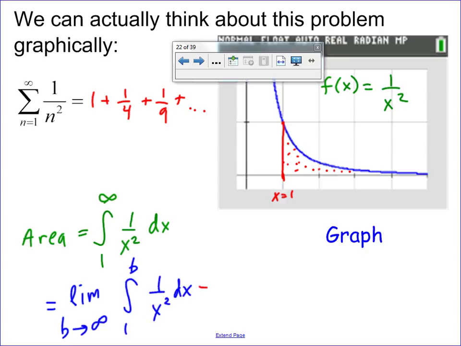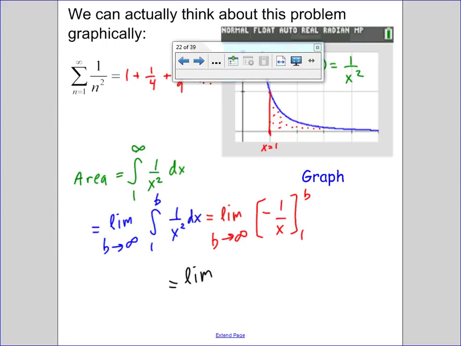And that equals the limit as b goes to infinity of an antiderivative for 1 over x squared. Any antiderivative. How about negative 1 over x, evaluated from 1 to b.